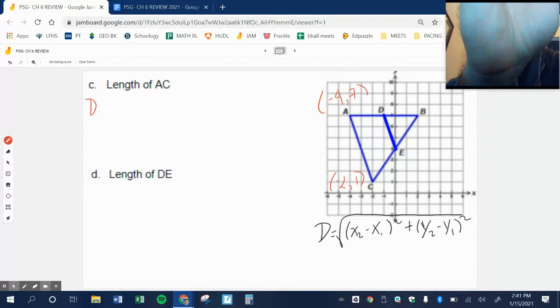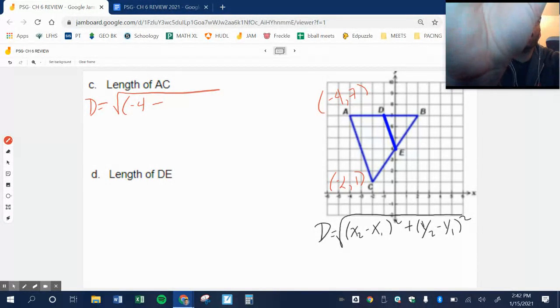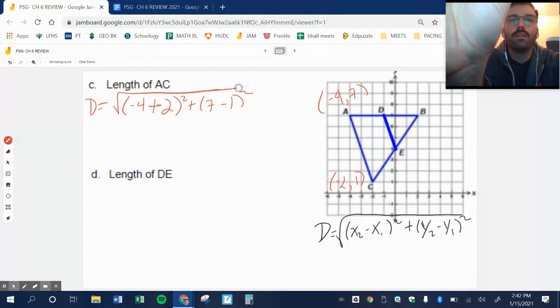So I'll go D equals the square root of x2, so negative 4, minus x1, which is negative 2, so that's going to be a plus squared. Maybe I want to write that out so you guys can see that. Okay, minus negative, so it's one big plus y2, which is 7, minus y1, which was 1 squared.